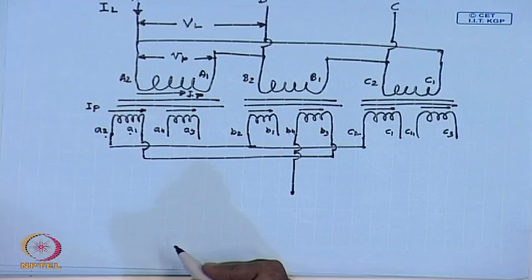Similarly, the terminal B1 is connected to C3.